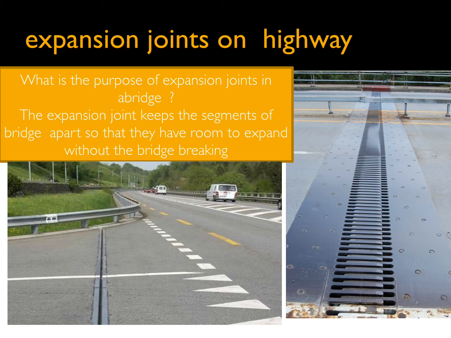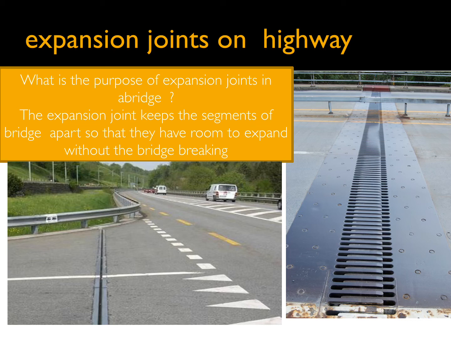How does this happen? Well, if the weather is very hot, the bridge can heat up. When things heat up, or their temperature increases, they expand. As it expands, there is a danger of the bridge breaking. So expansion joints keep segments of the bridge apart so that they have room to expand without the bridge breaking.